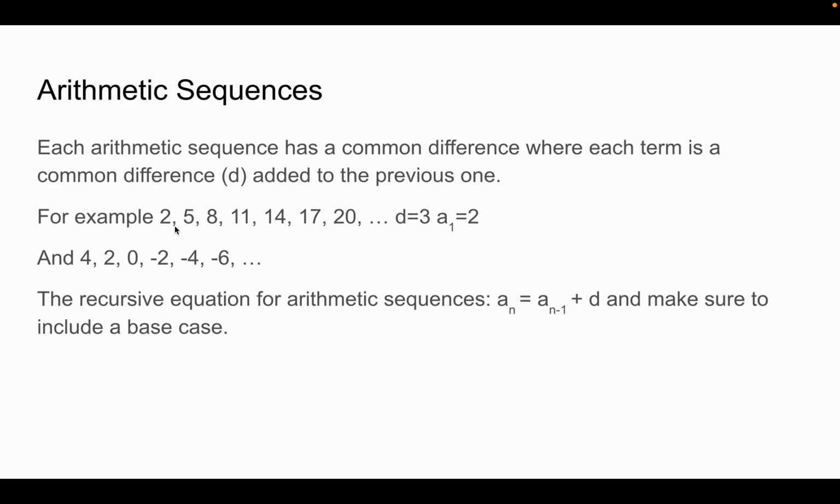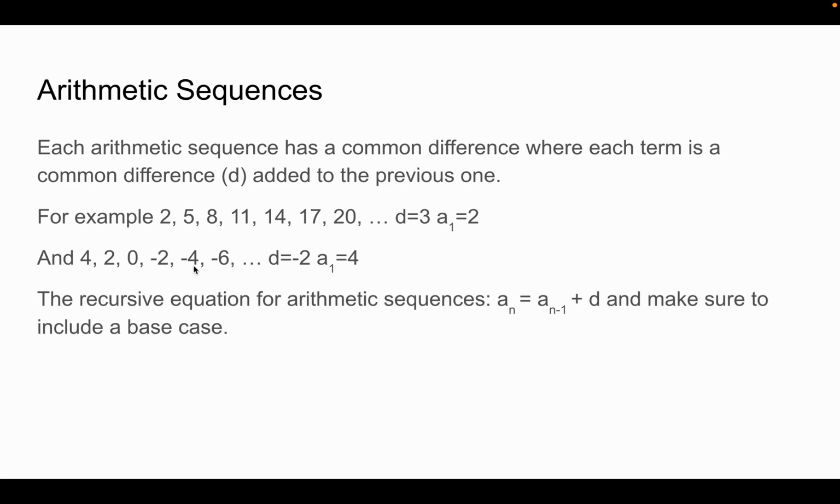Now we can plug d into an equals an minus 1 plus d. Or I guess we can find the d and a1 for this other one too. So d equals -2, and a1 equals 4.